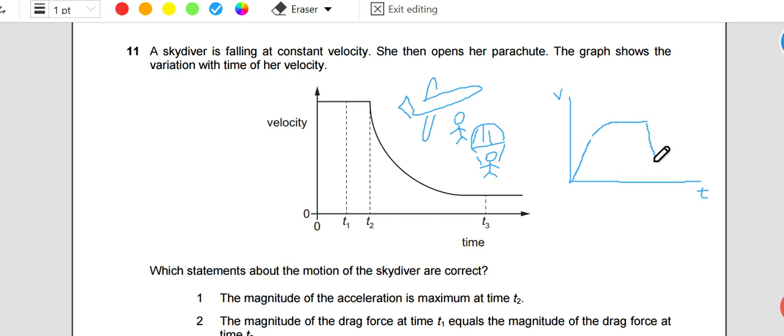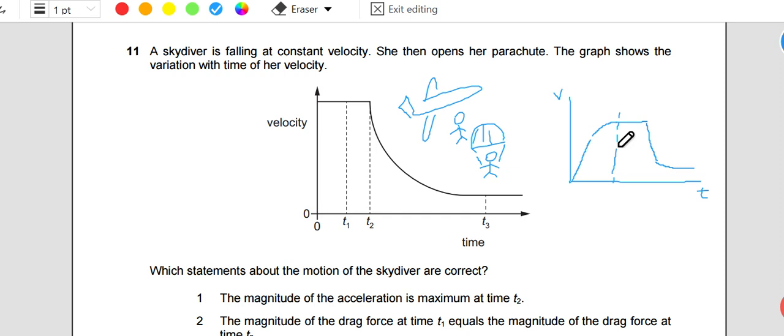And as velocity decreases, air resistance also decreases till it equals the weight again. And this is the second terminal velocity. So the graph here is beginning from the first terminal to the second terminal. In both terminal velocities, drag equals the weight.